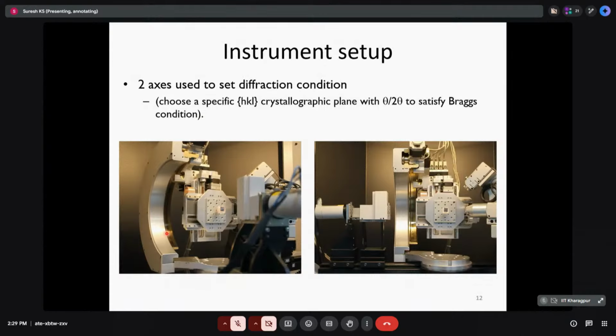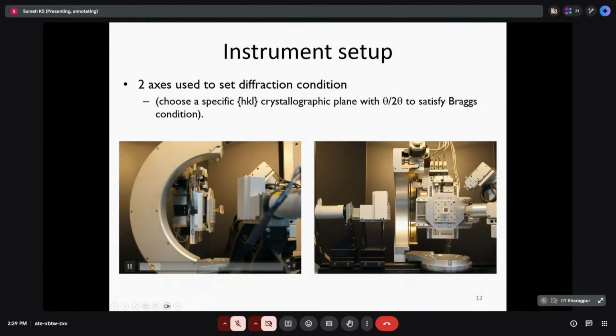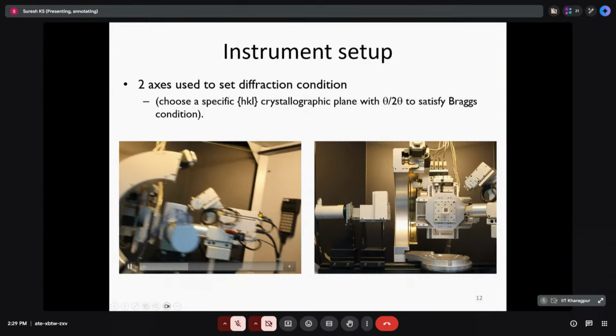Most of you already know this, but for the sake of completeness: here the X-ray source is fixed, and this whole thing rotating is the X-ray goniometer that carries the sample. The sample is fixed on this holder. The sample keeps rotating at an angle theta with respect to the fixed X-ray source.